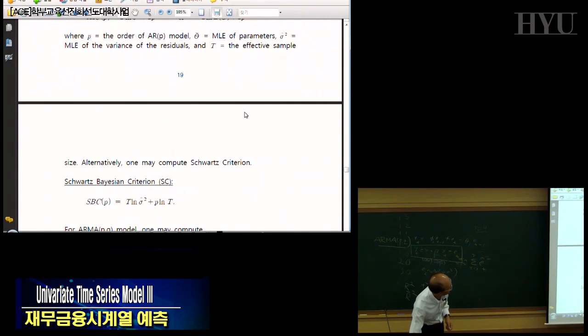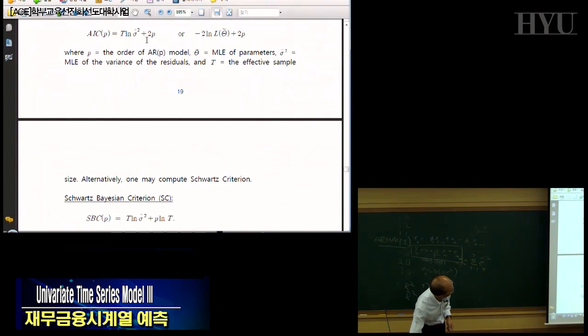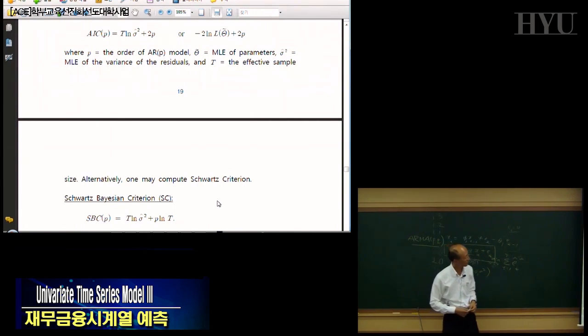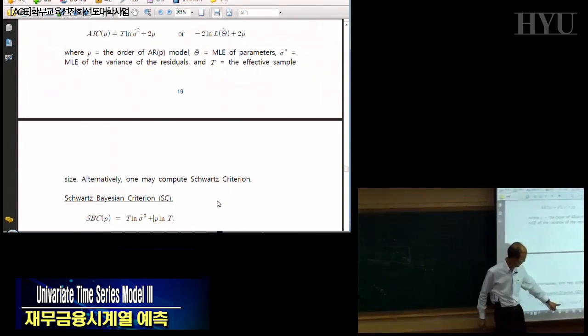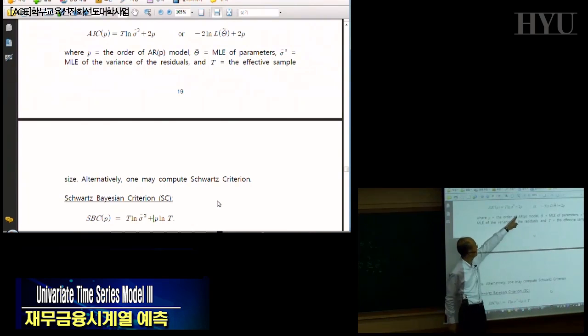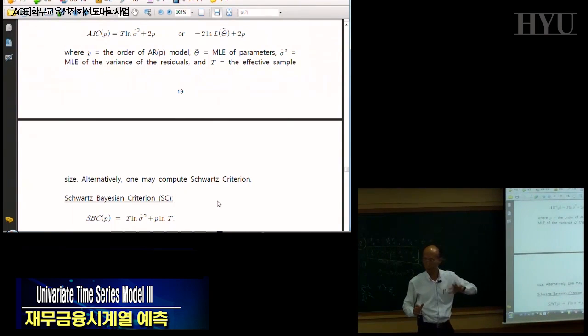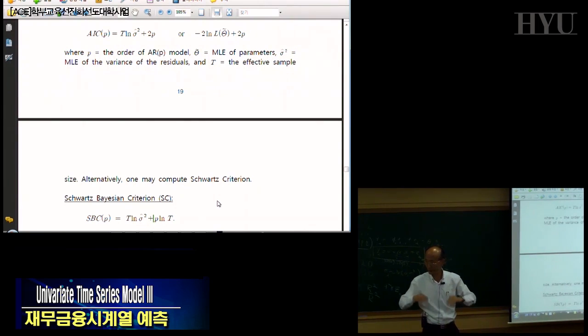Do you see the difference between these two definitions? So here, P works as a penalty. So if you include more parameters to be estimated in your estimation, that value increases. But how fast? So that's the weight, right?